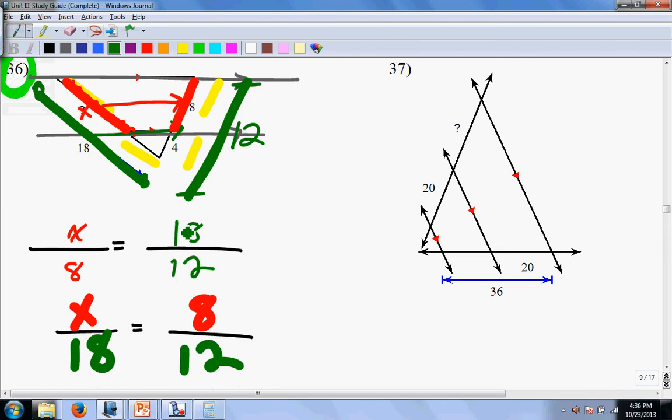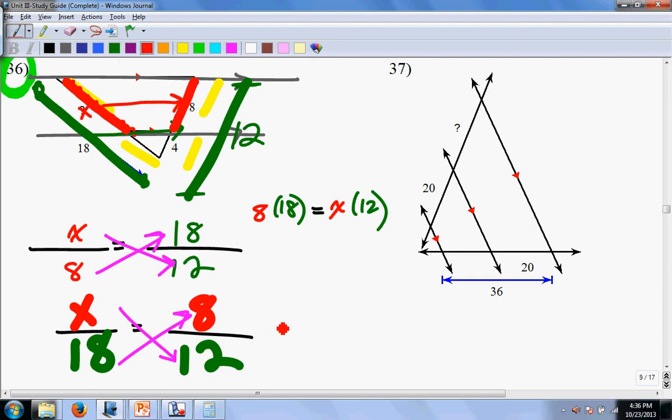All right, and then you cross multiply, and if you look carefully, you're going to end up with the same thing either way. So this one is going to be 18 times 8 equals x times 12. This one is going to be x times 12 equals 18 times 8, which is the exact same thing for both. Cross multiply and solve for the unknown.